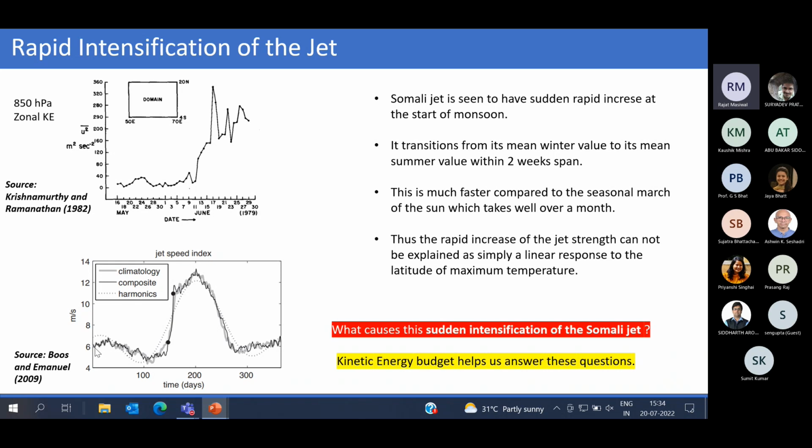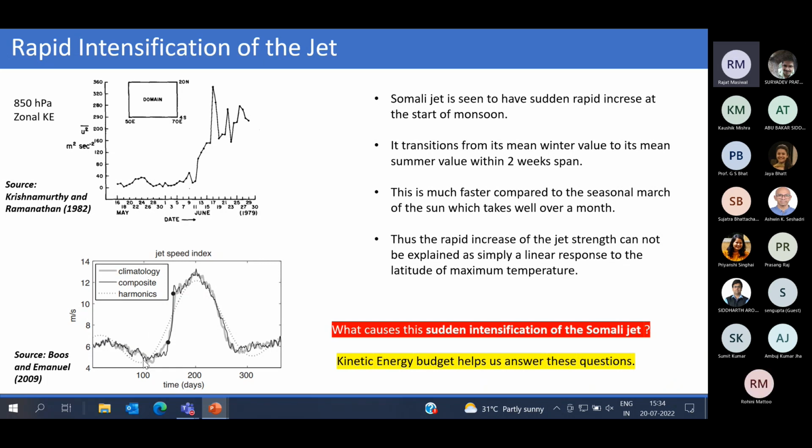So it goes from its winter mean value to its summer mean value in roughly 2 weeks, which is much faster compared to this dotted line, which is the first two harmonics, analogous to our annual cycle, which takes somewhere around 2 to 3 months to go from its mean winter to its mean summer value.